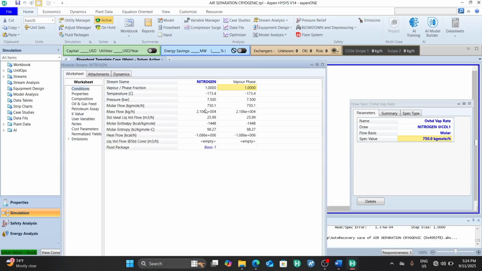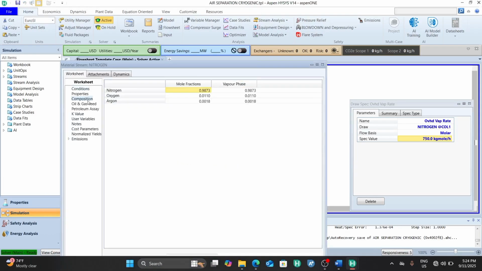And for our nitrogen, let's see what it looks like having 750. Let's see if it's still within our spec. 0.9873 multiplied by 750 gives us 740.475 all over 781 multiplied by 100 gives us 94.81.